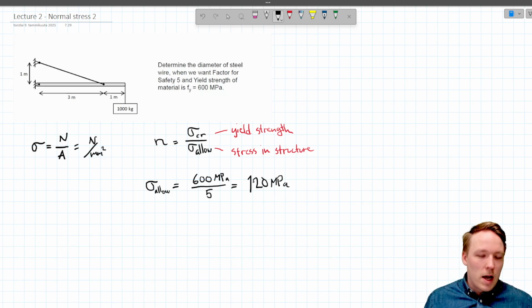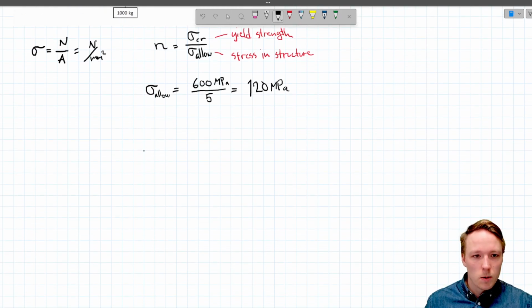So we know that we have to design the structure so that the maximum stress in the structure will be 120 megapascals. So what do we do next?